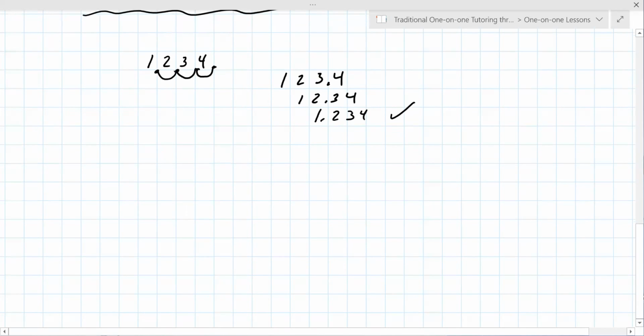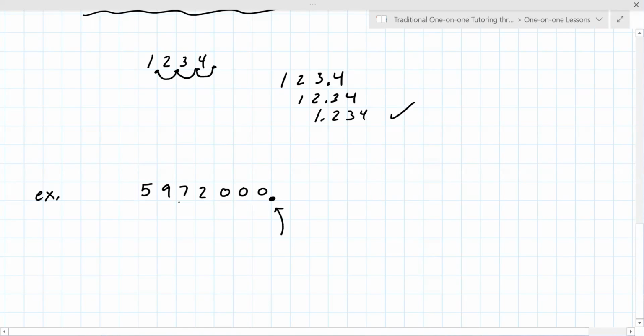Okay. So let's say I give you 5, 9, 7, 2, 1, 2, 3, and I want this number written in scientific notation. So there's your decimal point, and you move it left until you get a number between 1 and 10.